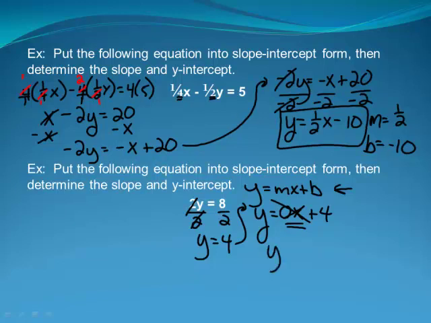But written like this, you can do a direct comparison just like before. Notice that the slope then is 0. And the y-intercept, or the b, is a +4. So we've got y = 4 in slope-intercept form. Slope is equal to 0 for this line. And the y-intercept is equal to a +4.